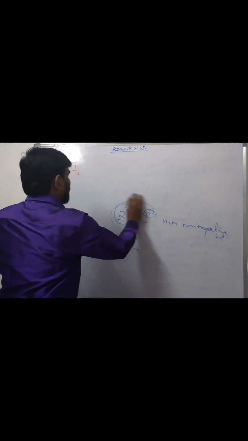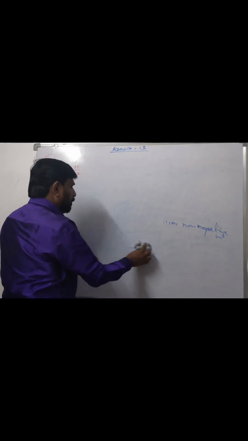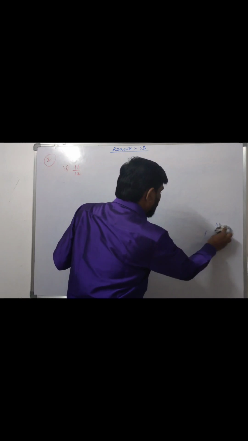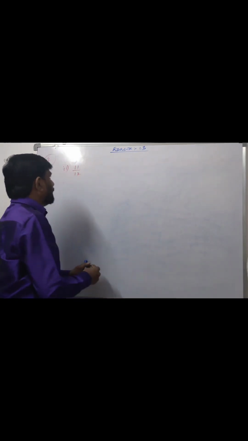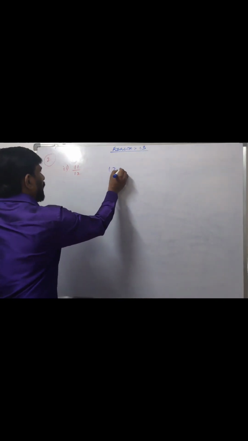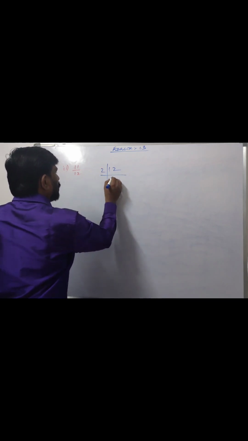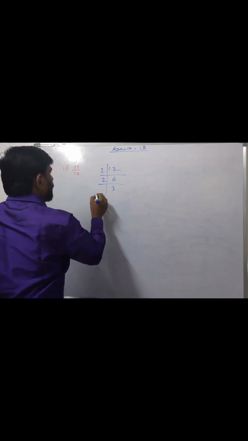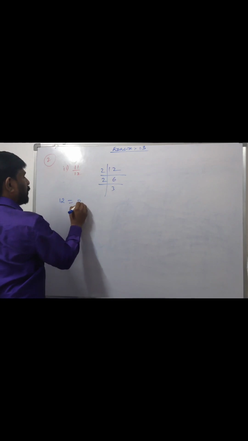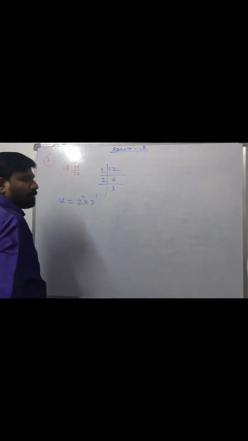Let us cross check here. Only these two should be present, and no other prime factor should exist. Now clearly, if you do the prime factorization of 12, what will you get? 2 6s are 12, 2 3s are 6. So the prime factorization of 12 is 2 square into 3 to the power 1.